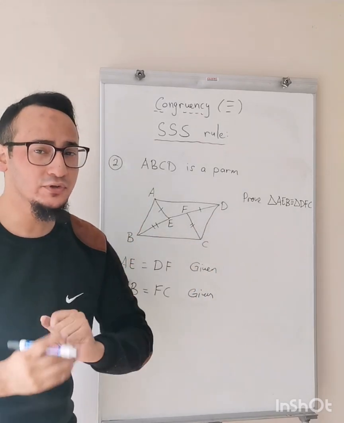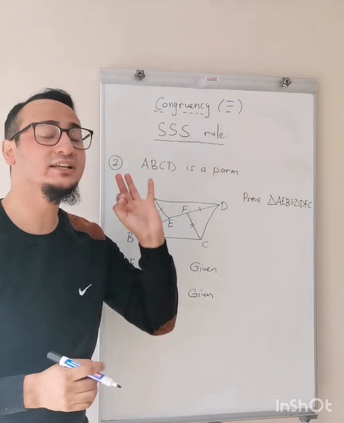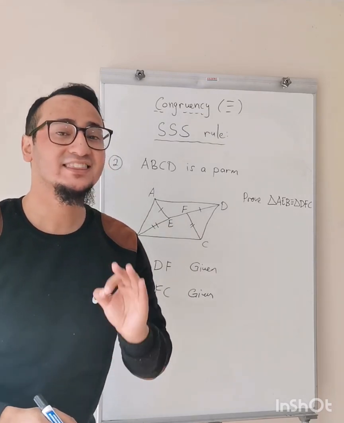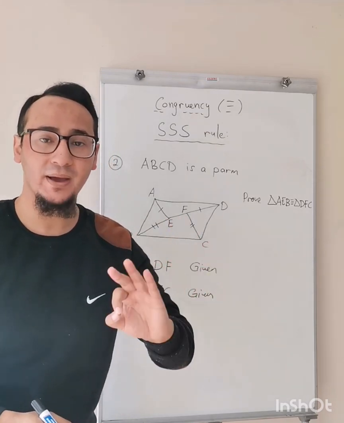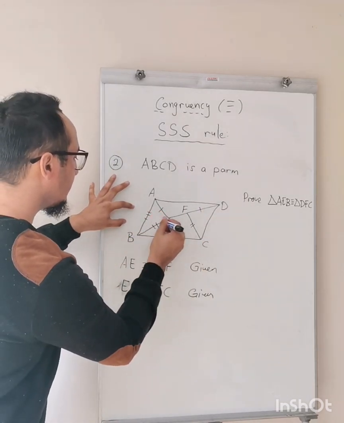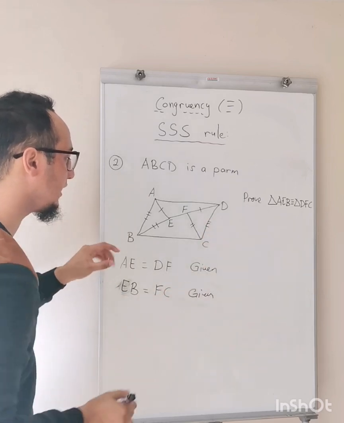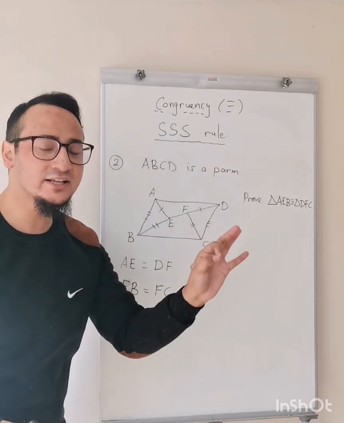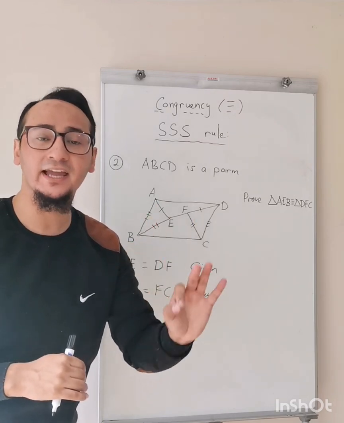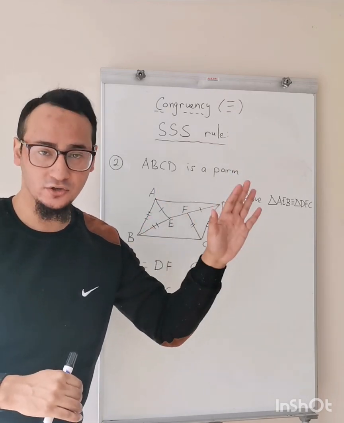Now if I look closely at the definition, it says it's a parallelogram. So what did I tell you? That the opposite sides of a parallelogram are equal. In other words, this side is equal to that side over there. And notice it's the sides of the parallelogram as well as the sides of the triangles that I'm finding the congruency of.